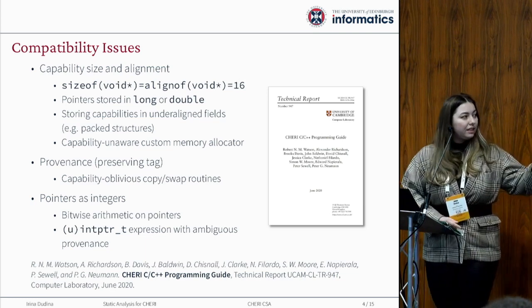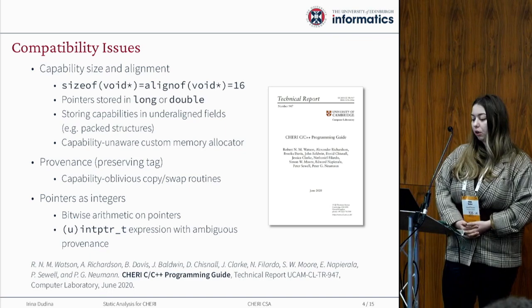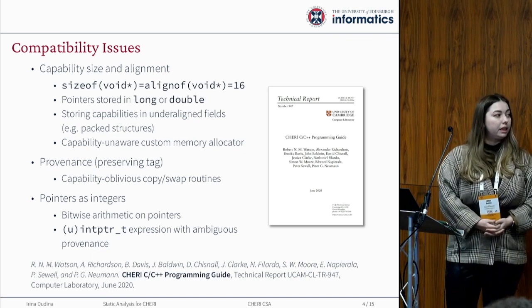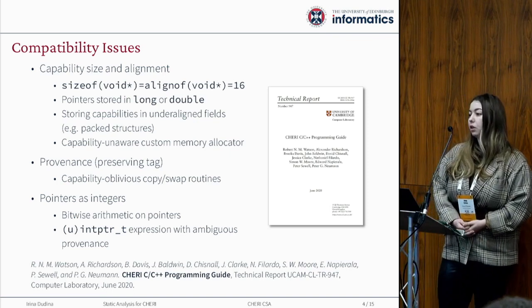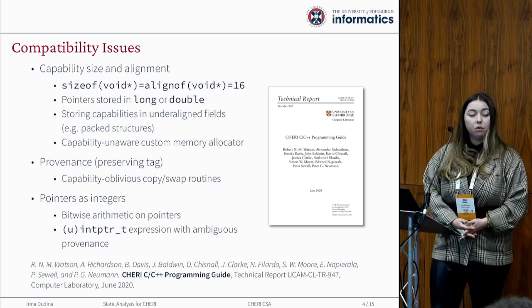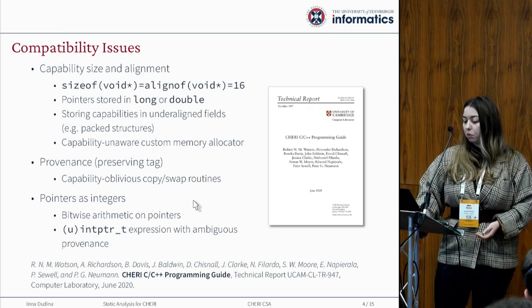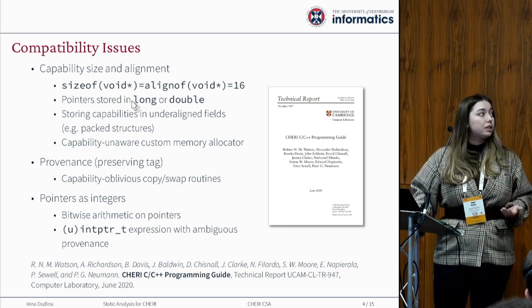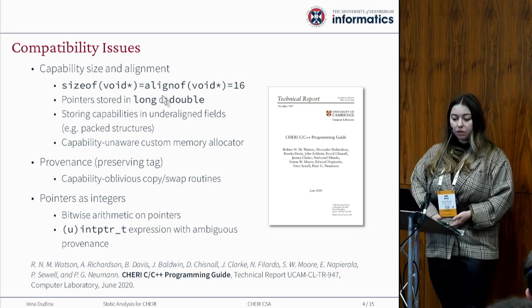You've already seen this picture today. This is the CHERI C/C++ programming guide, which pre-exists my work, and has a comprehensive discussion of compatibility issues that may arise when you port code to CHERI. We just mention a few that are relevant to the next slides. First of all, capability size, so pointer size and alignment, is increased, and this can be unexpected by some code.